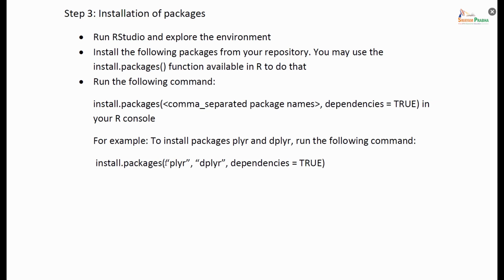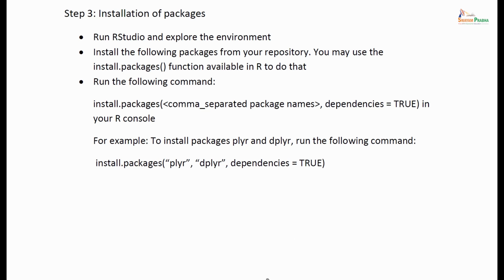Inside the function, we've given the package names inside double quotes. You can use either single or double quotes. If you want to install multiple packages at a time, you can separate the package names by a comma like we've given here. So here we are installing 2 packages using the same command in a single line, and you just need to set dependencies equal to TRUE.